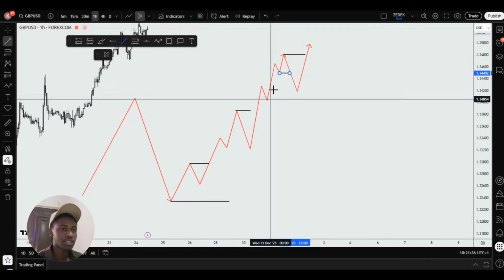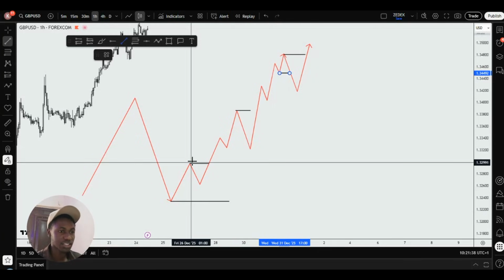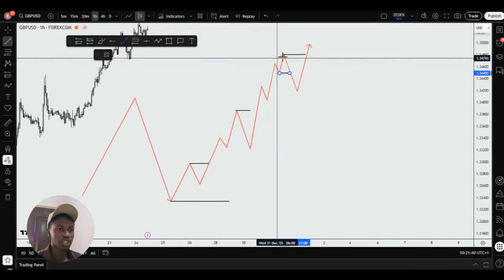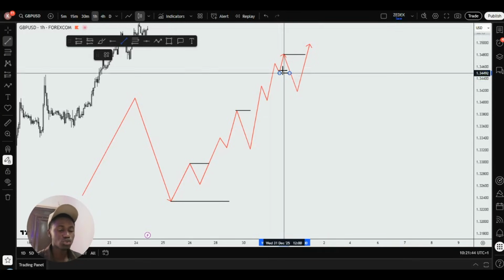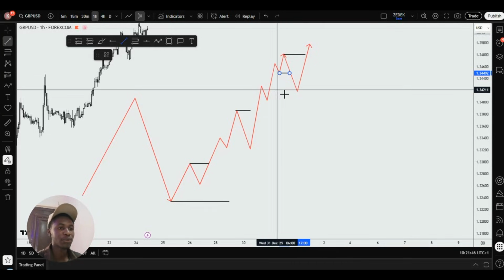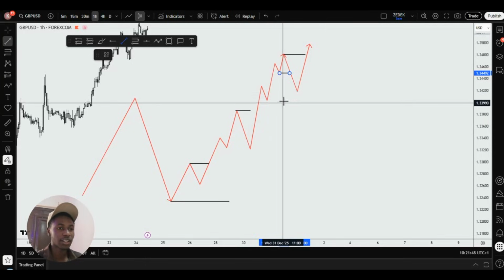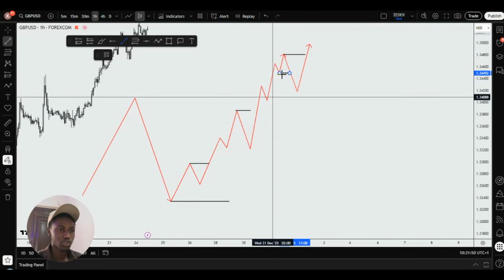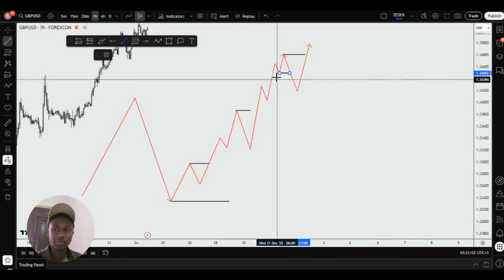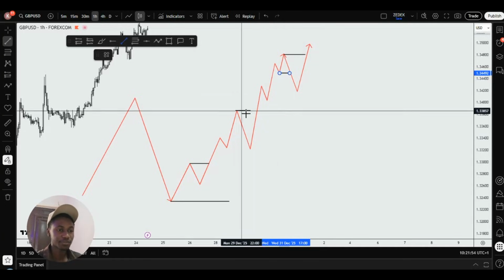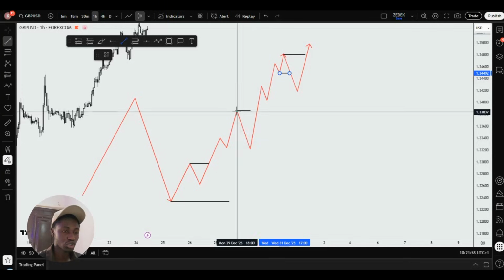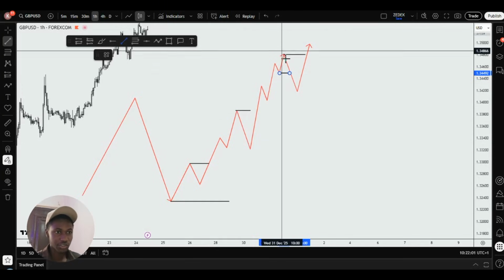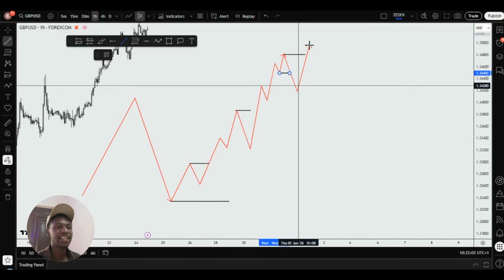If you're focusing from this leg, the dominating structure is this structure, this structure, this structure, the bigger structures. So for you to get a valid change of character, you are not going to take change of characters from these minor structures, because balancing the previous valid or strong structure from here, when it breaks, it will come back, balance this, and take you out.